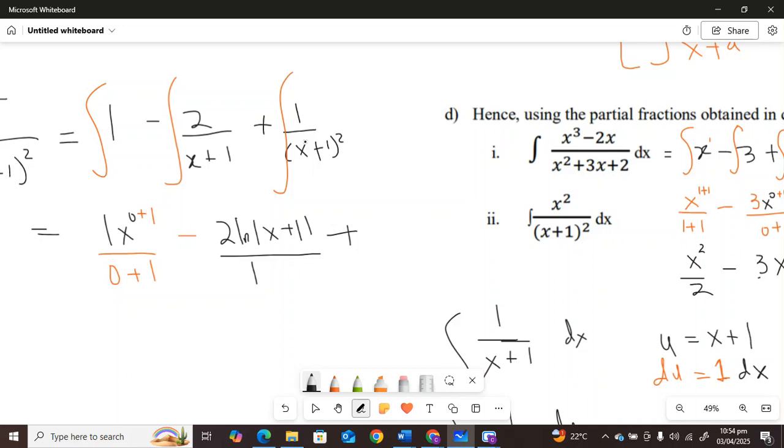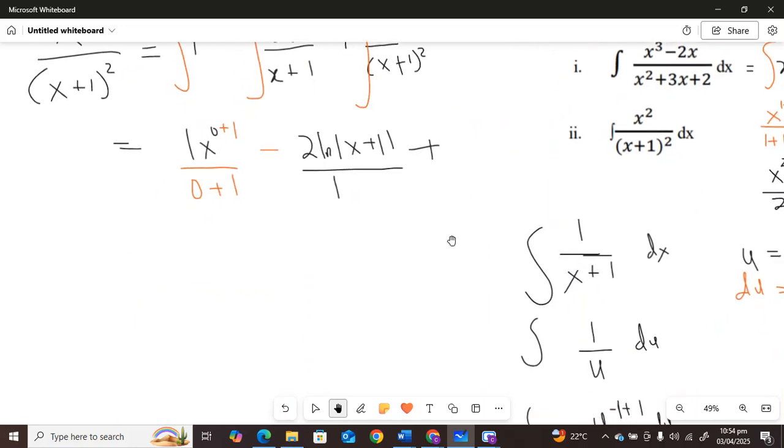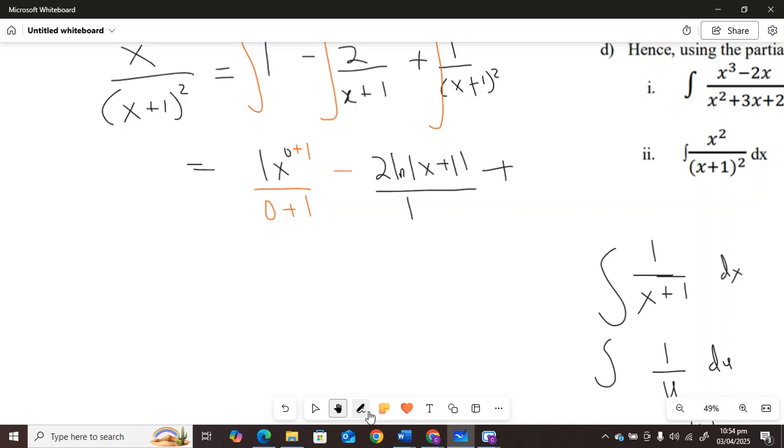Plus, now for this one here, you can't apply this natural log thing. This one here, we can apply u substitution. So let's take it to the side, we separate it, and apply u substitution. So with u substitution, first step, determine your u.